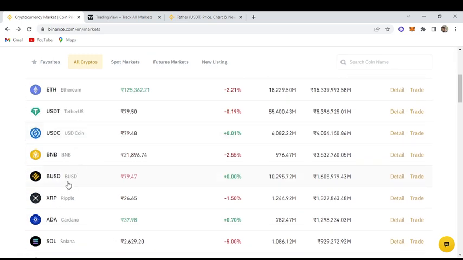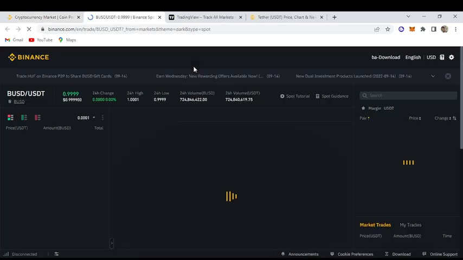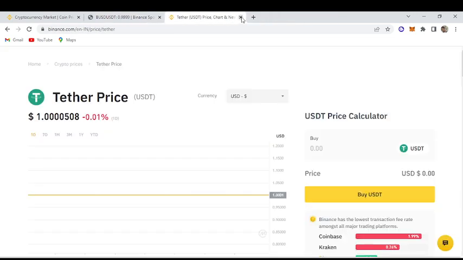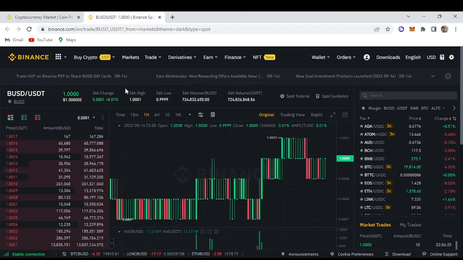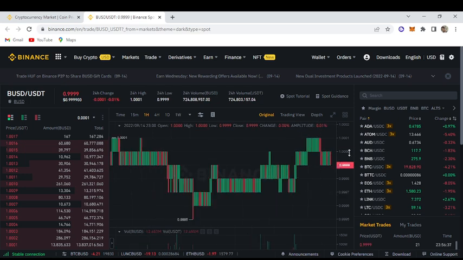After BNB, there is BUSD. BUSD is also a stable coin by Binance. So this also works the same as we just saw. Okay, 0.99999. So it is just moving around, but of course, it is stable around $1. A lot of people use BUSD to trade BNB or BTC or Ethereum, Solana, anything.